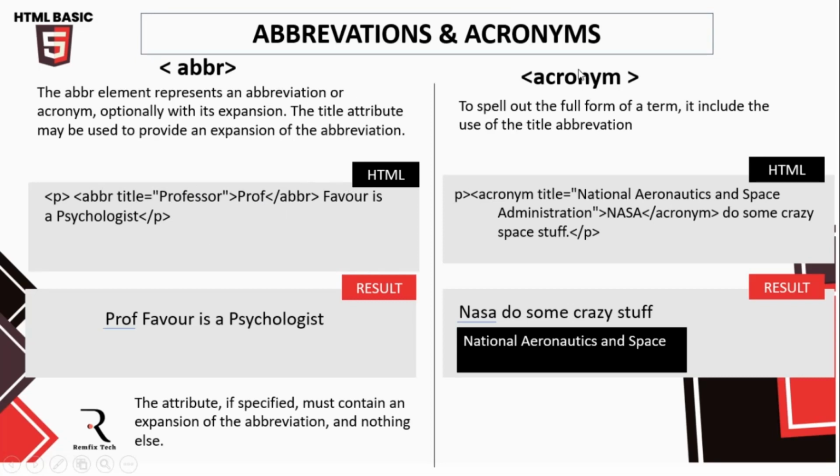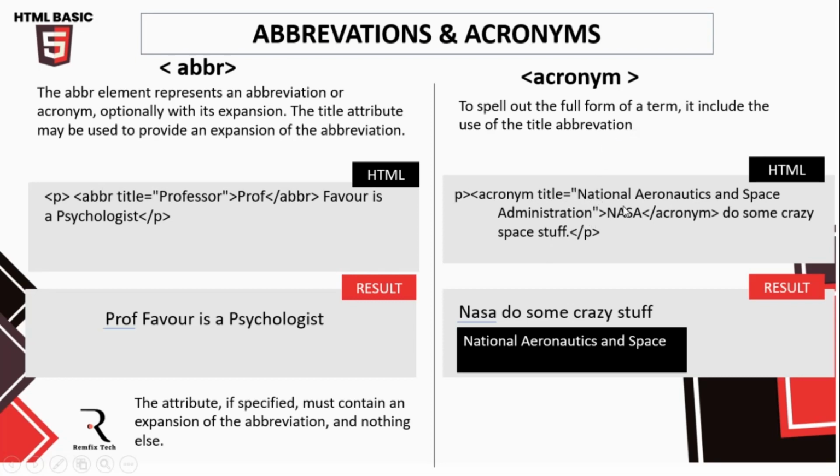And also we have acronyms. Acronyms are used to spell out the full form of a term. The tag is named acronym, and it also has an opening tag and a closing tag. Inside the acronym opening tag I have the title, which will define the full meaning of the term.